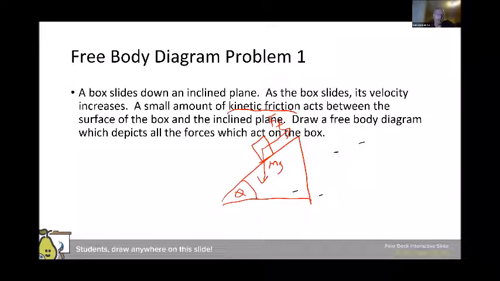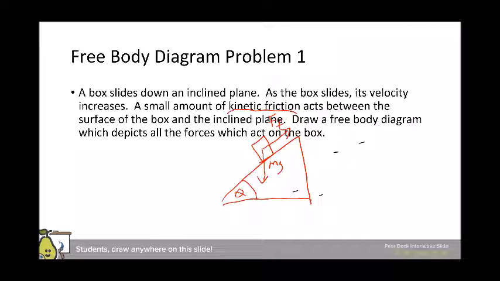Can anybody tell me either by unmuting or by putting in the chat what force we're missing? Somebody let me know what force we're missing. Normal force. Normal force. And how should that be drawn in?